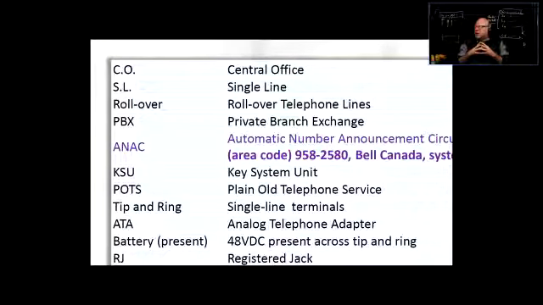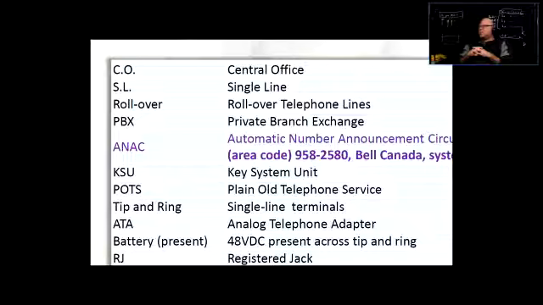So, private branch exchange. Now we're going to jump into something called KSU, Key System Unit or Key Service Unit. It's the same as PBX, except usually the telephone systems are smaller, like 6 by 16, up to 16 extensions, or 3x8, or even 24 extensions. So you would call that a key system unit.